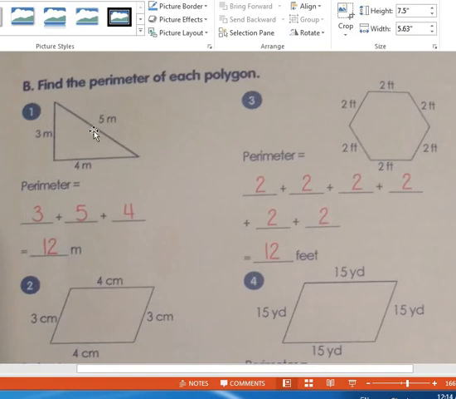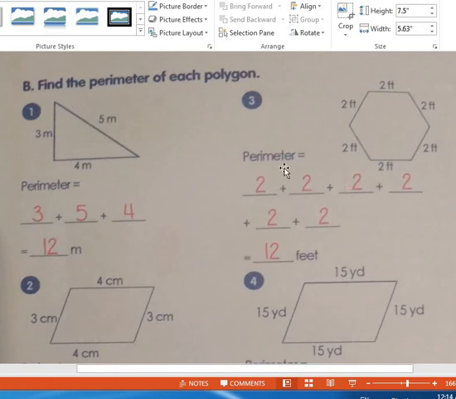Here I have a triangle. Find the perimeter of each polygon. This polygon is called a triangle. I know its name. Here the perimeter equals what? The sum of all outside lengths. 3 plus 5 plus 4. Then I write the answer.